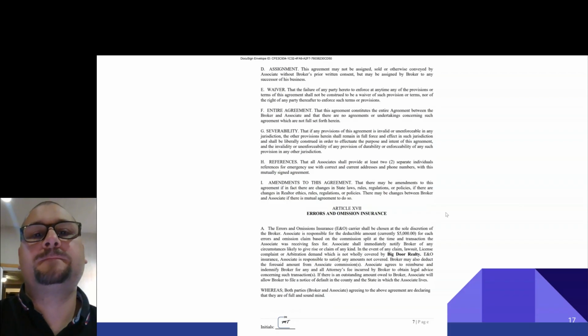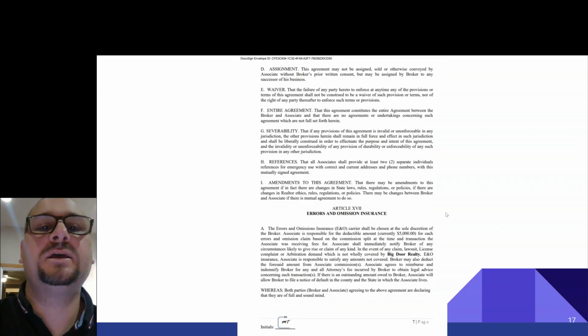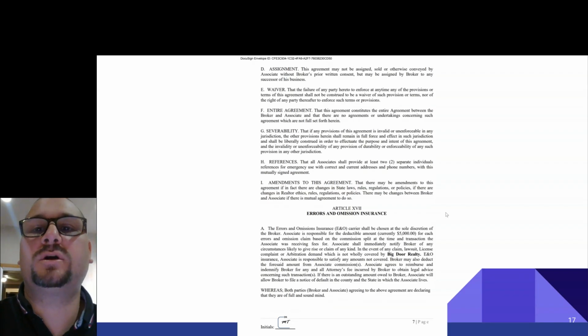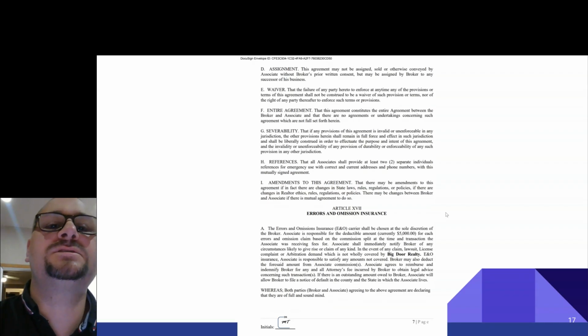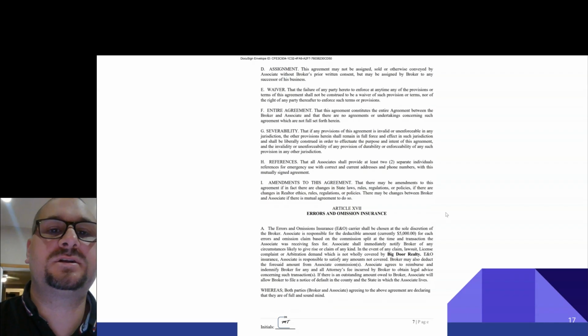Assignment. So we're still in Article 16, Section D. Assignment. This agreement may not be assigned, sold, or otherwise conveyed by associate without broker's prior written consent, but may be assigned by broker to any successor of his business.